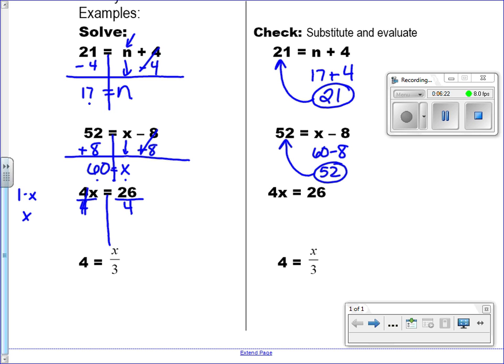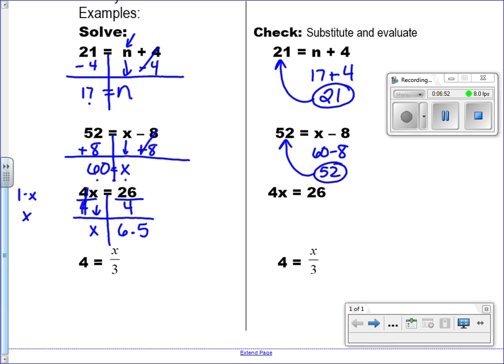Those guys kind of cancel each other out. That's the math that I'm showing there. And I'm showing if I divide by 4 on the left side, I have to divide by 4 on the right side. So all I'm left with on this side is x. That x just came straight down. The 4 is canceled. Now on my calculator, I do 26 divided by 4, and I get 6.5.